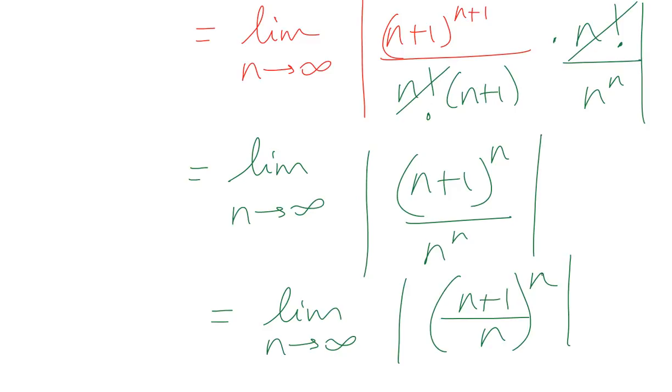We covered this particular limit back in section 8.8 when we did L'Hopital's rule. It's a long procedure for a question of 1 to the power infinity indeterminate form. We have to take ln of both sides and go ahead and find the limit. Guys, the result of that limit is e. Please go back to chapter 8, section 8.8. The limit of this is e, which is greater than 1.